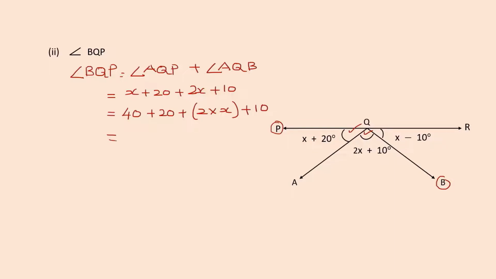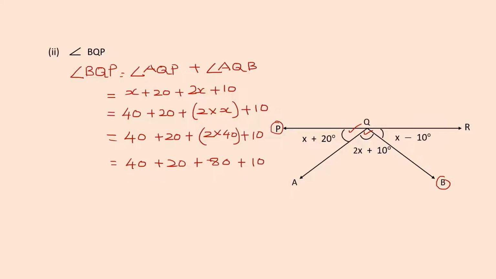So let's continue. 40 plus 20 plus 2 into x. X is 40. So 2 into 40 plus 10. That will be 40 plus 20 plus 2 into 40 is 80 plus 10.